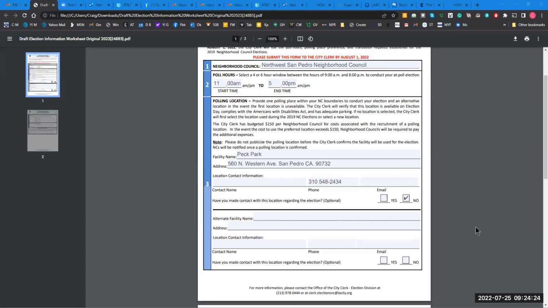So if that is enough space, then it's a possibility, but we'd also have to find out about it being on a Saturday and stuff like that, which I don't think should be a problem, but you never know with LAUSD. It's also not very centrally located for our district. And I continue to be amazed at how many people don't even know it's there.